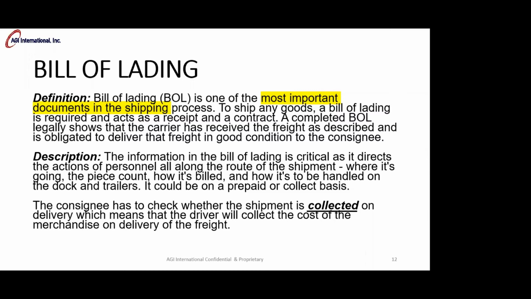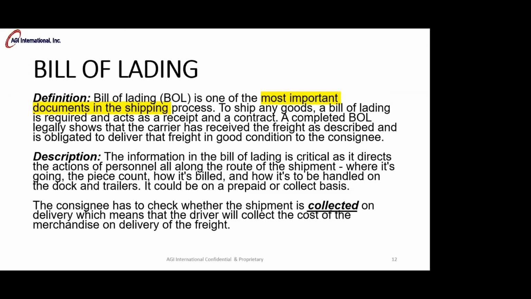A completed bill of lading legally shows that the carrier has received the freight as described and is obligated to deliver that freight in good condition to the consignee. This is very important. And if you bought something or shipped something and it didn't arrive in the condition it needs to be in, it goes back to this bill of lading, which has that all in there.